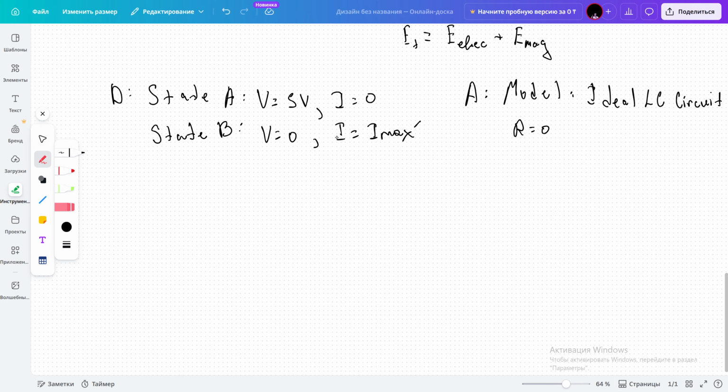So next step is algorithm design. My algorithm is actually simple. We just define a capacitor energy, which is half of C times voltage squared. And we define inductor energy, which is half of L i squared.